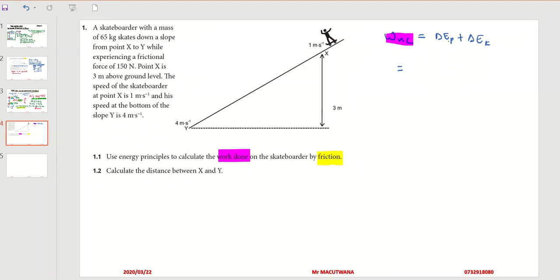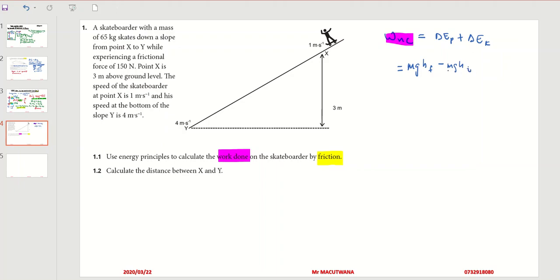Let's see if we have enough information to work it out. If we expand this formula, maybe it will help us. We have mgh, remember, change will be final minus initial.